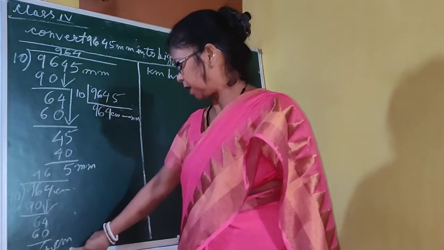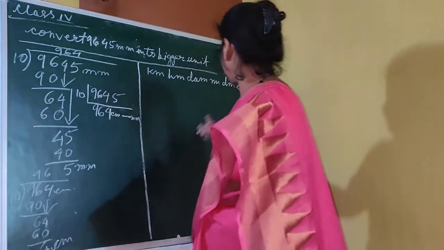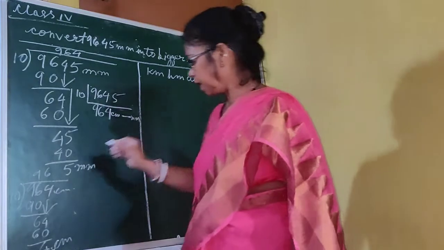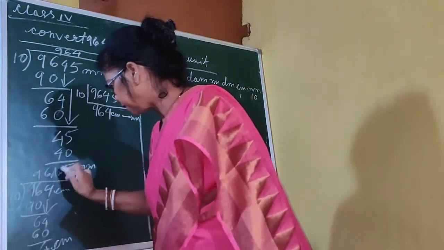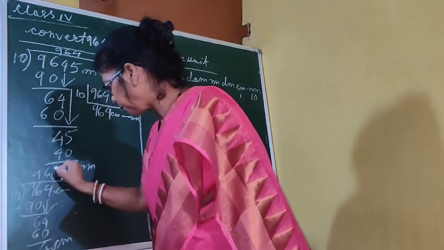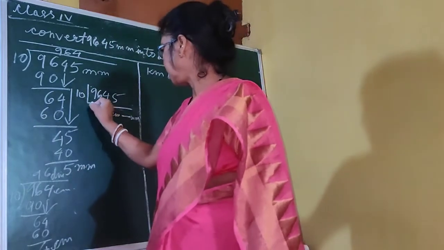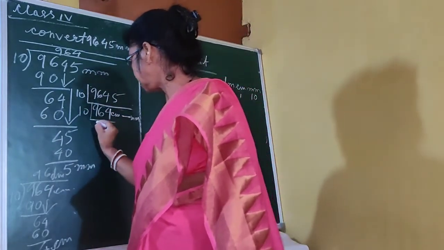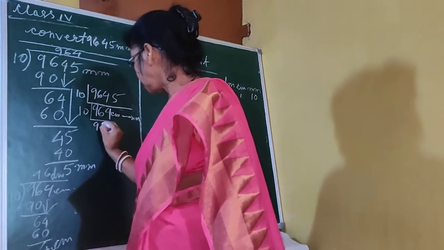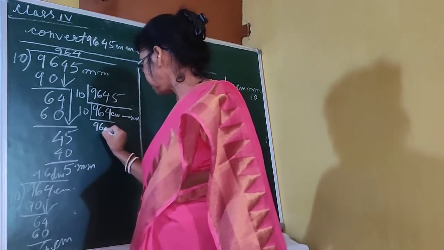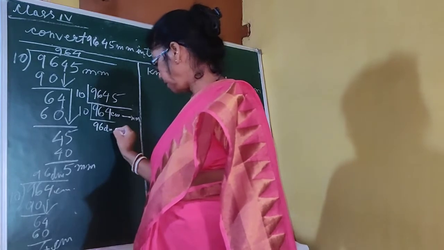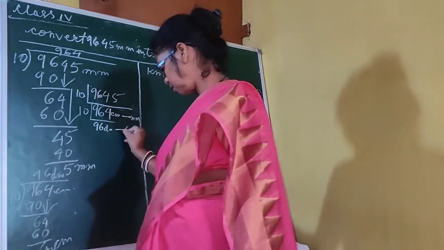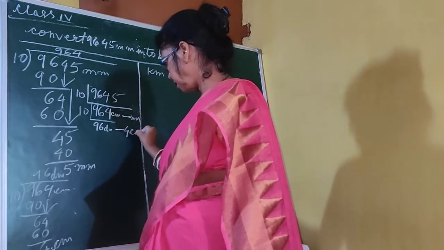So 4 centimeter, and it converts to decimeter. Here you divide by 10: 96 decimeter and remainder 4 centimeter.